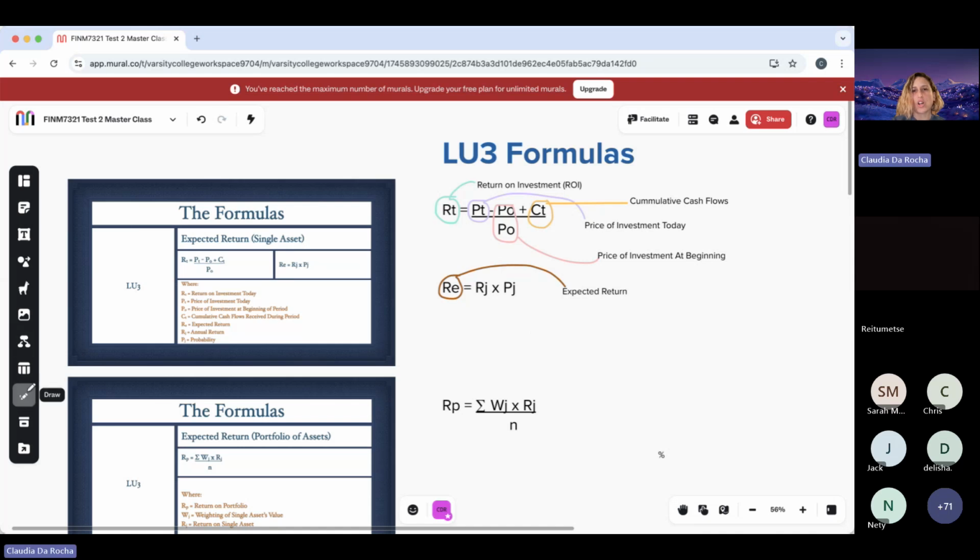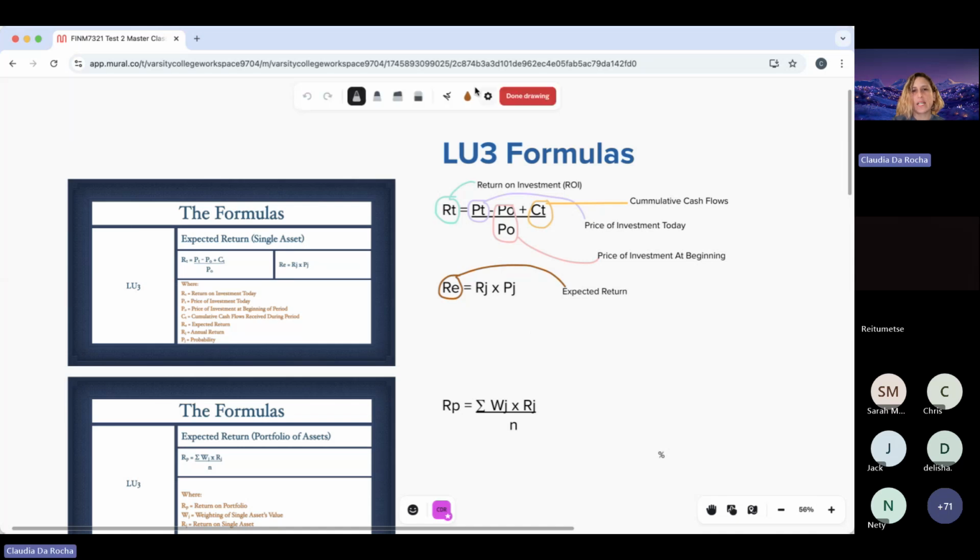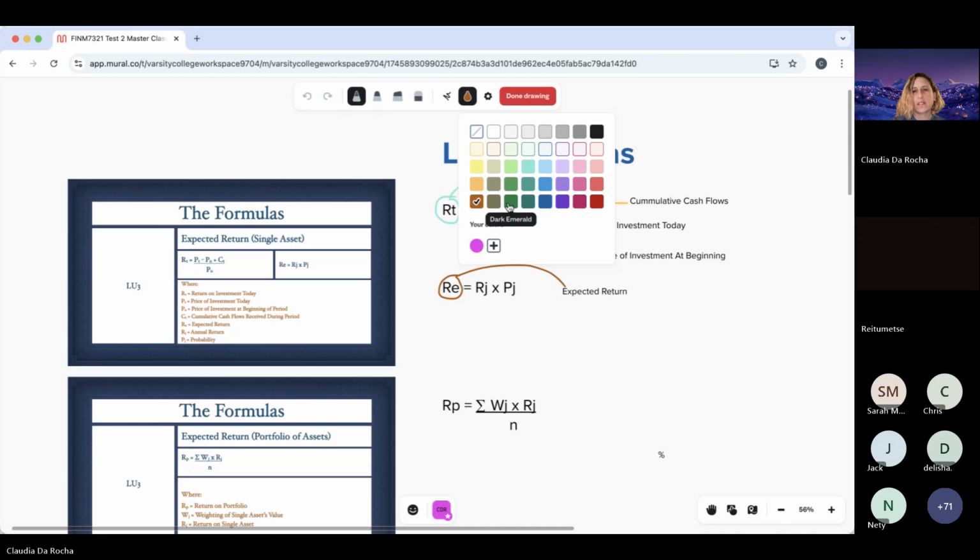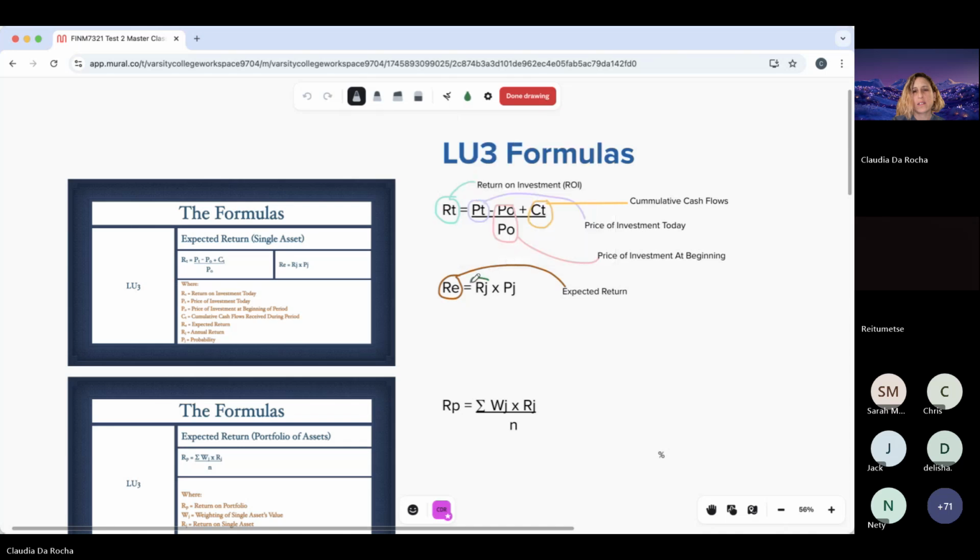We have our RJ, which is basically the return of the individual, or the individual, I would say, outcome.